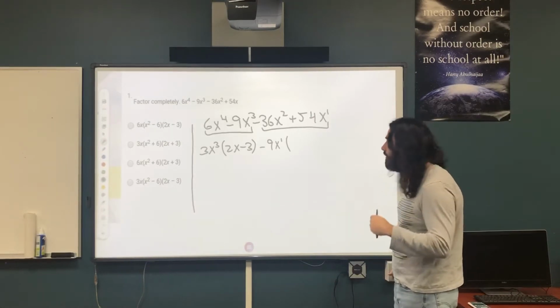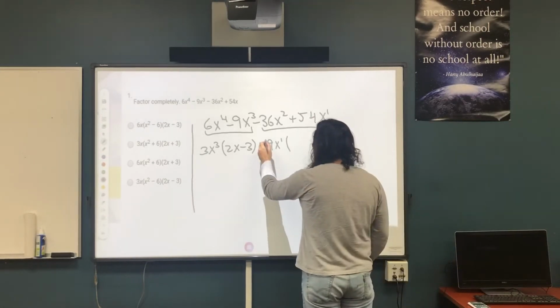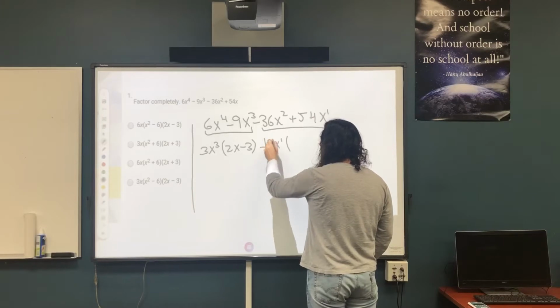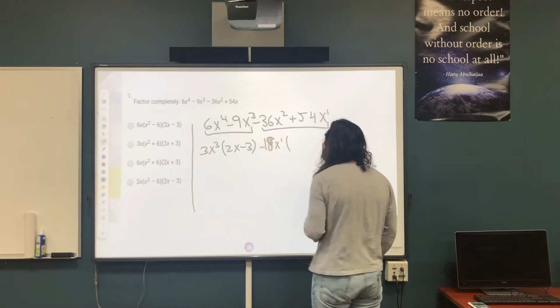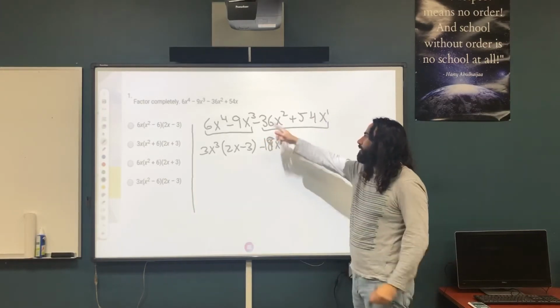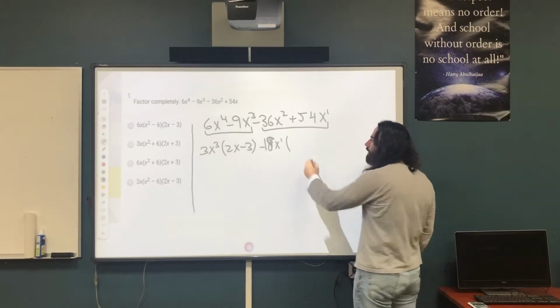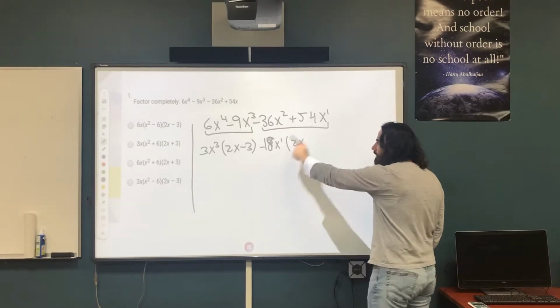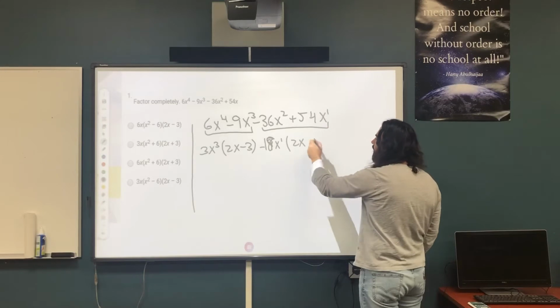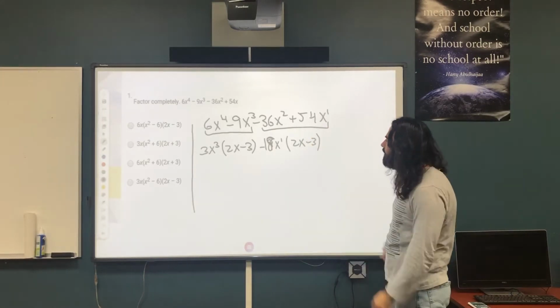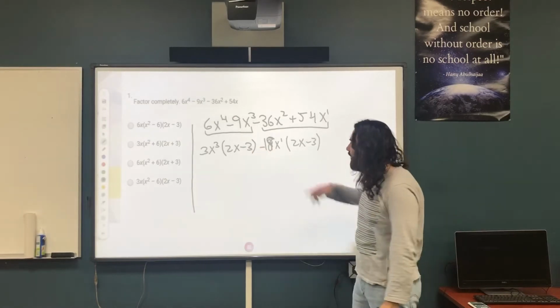We have a greater number than 9, which is 18. So negative 18 times how much gives you negative 36? It's going to be 2x. And negative 18 times how much gives you 54? It's negative 3.